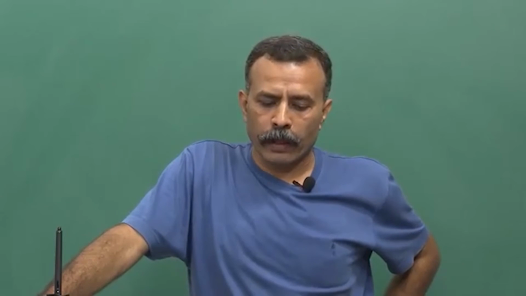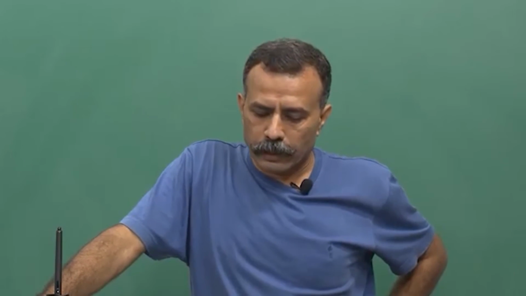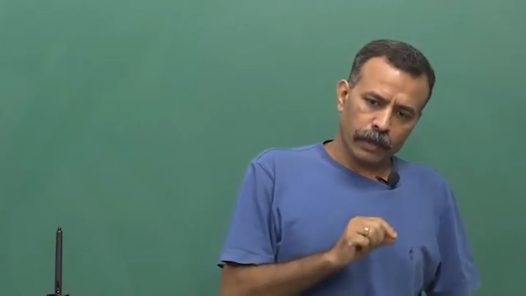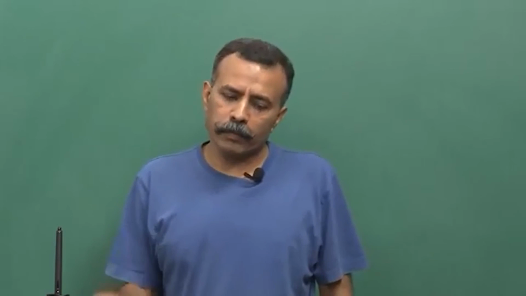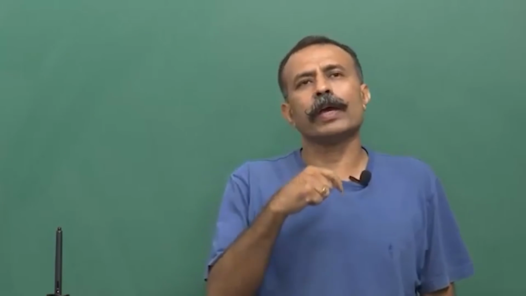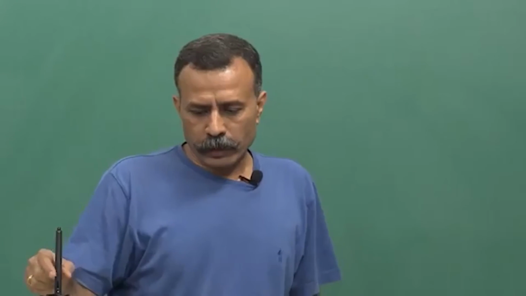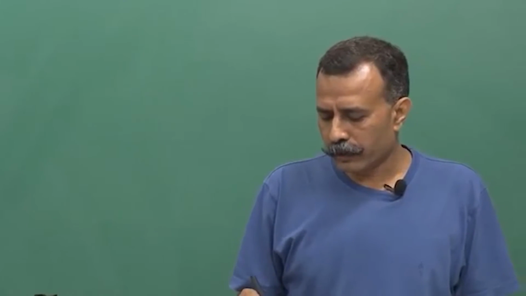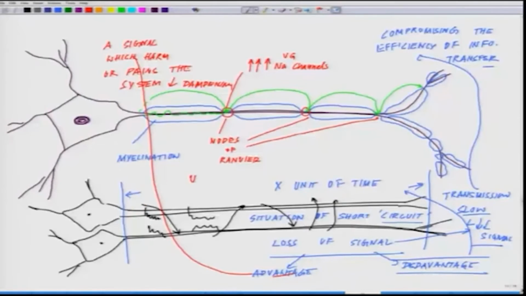And there is a fundamental difference between those neurons which carry the pain signal as compared to the neurons which are conveying other kinds of signals. The ones carrying the pain signals are unmyelinated neurons.